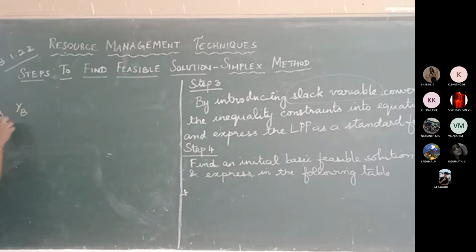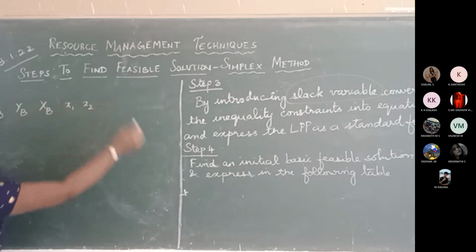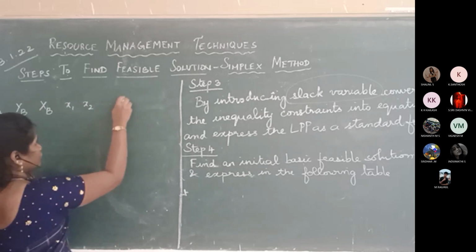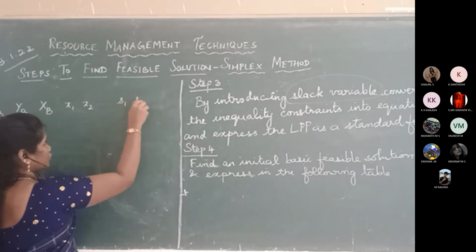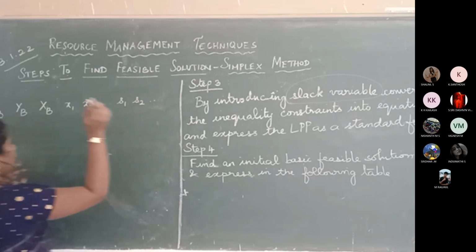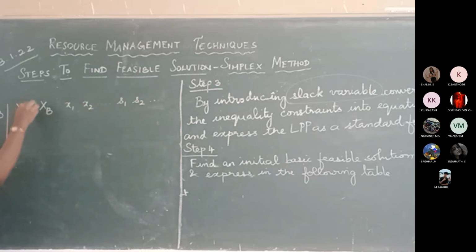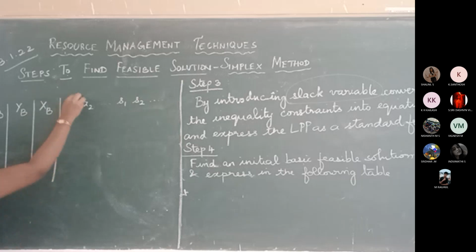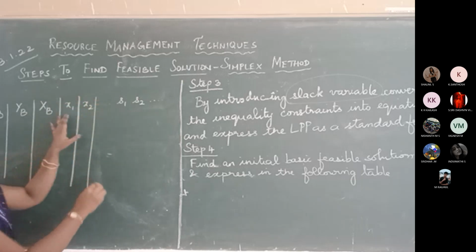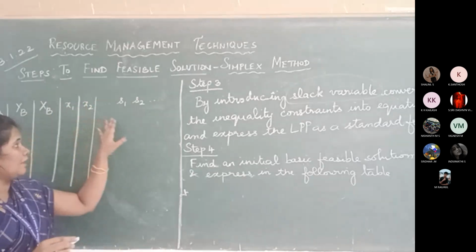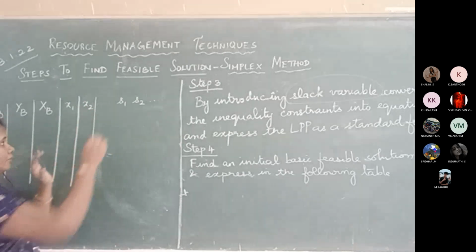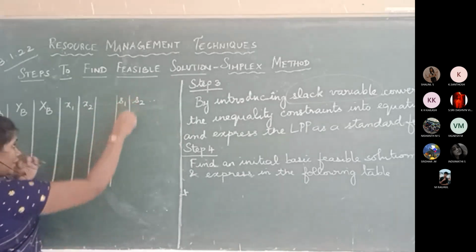It will be CB, YB, XB, and then your X1, X2, and so on. And then you will use your slack variables S1, S2, and so on. So this will be your tabular column. However many variables there are, that many variables you will write, and with that, you will write your slack variables.